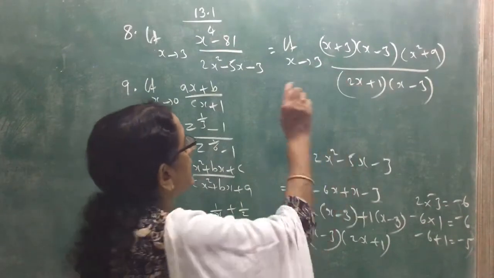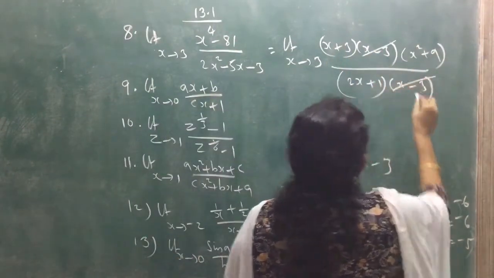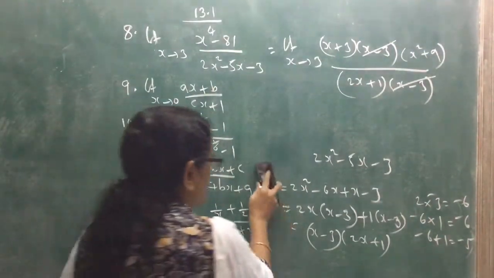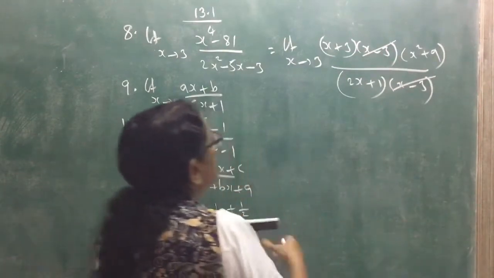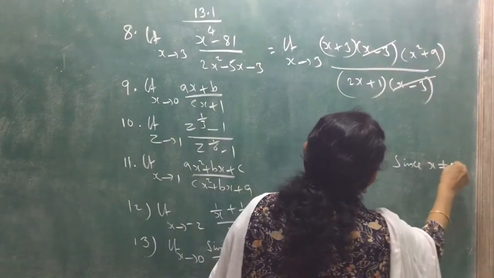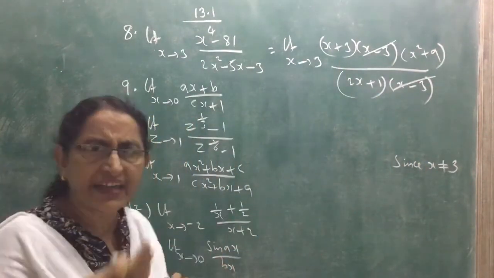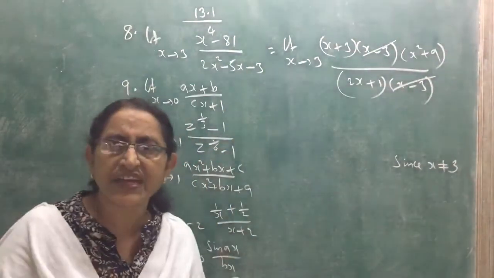So since x is not equal to 3, we can cancel x minus 3. Write the reason: since x is not equal to 3, we cancelled the common factor x minus 3 and we got that. Next we can substitute.